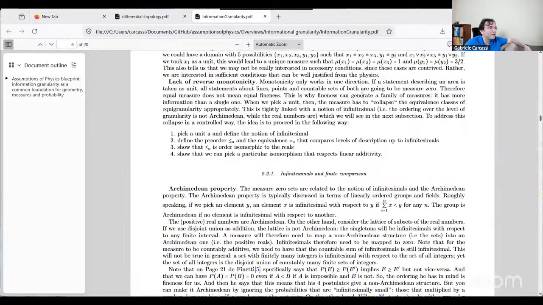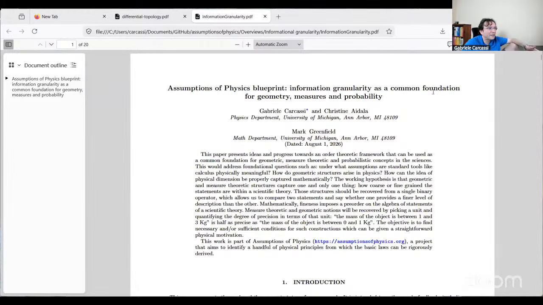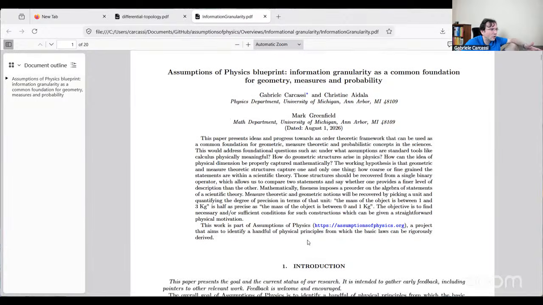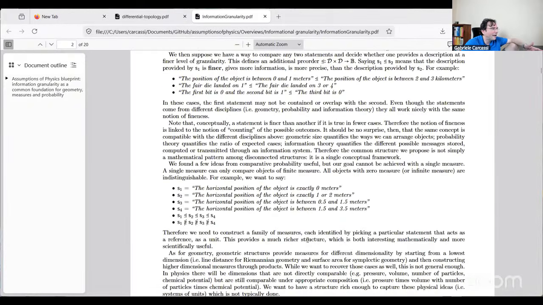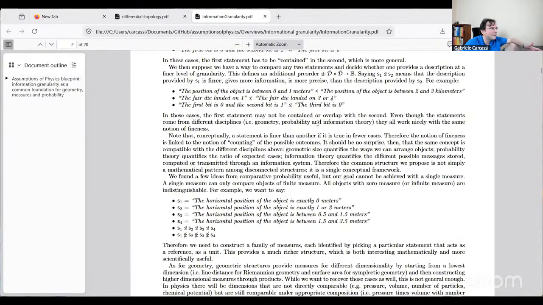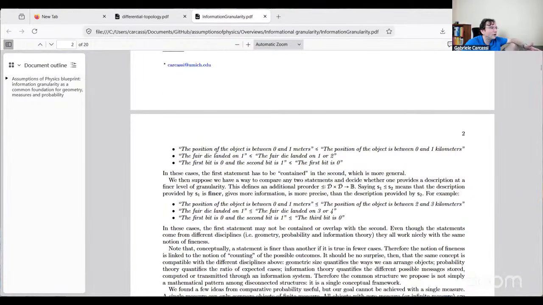I had this document about informational granularity and the fineness of statements. The main insight there was that with topology, we can say that the position of the object is between 0 and 1 meter is narrower than the position of the object is between 0 and 1 kilometers, because this set is contained in the other set.